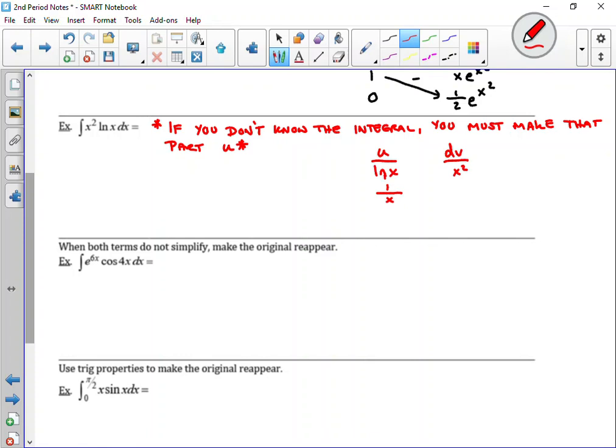dv, what's the integral of x squared? So 1/3 x cubed. So now I'm never going to get to 0 on this one, right? So now I want to do my rewrite thing. Okay?